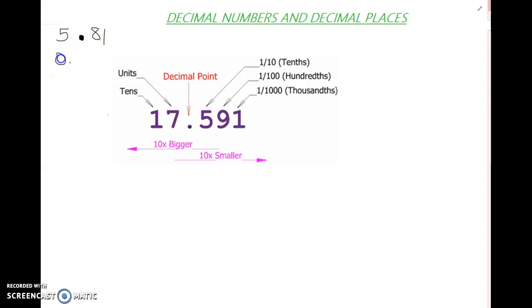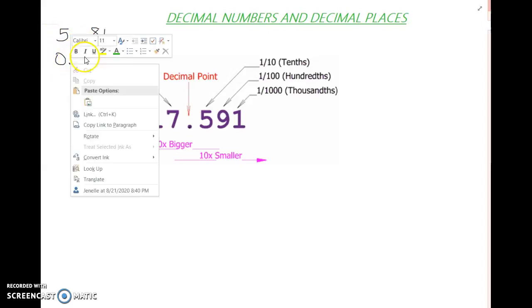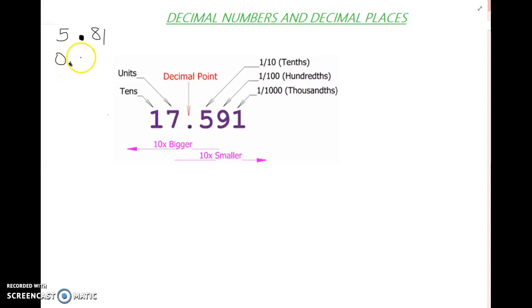If I had this one here, this is 0.54. Sorry, my point is looking like that. So 0.54. And let's just look at one more. This is 231.2103. So just keep that in mind.